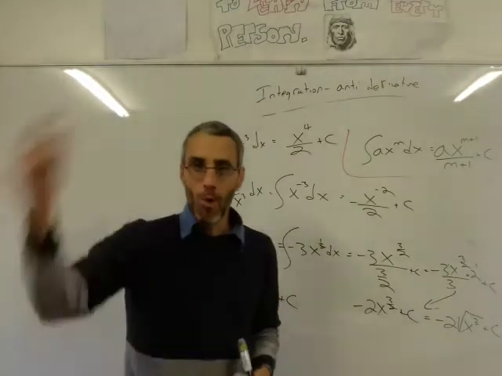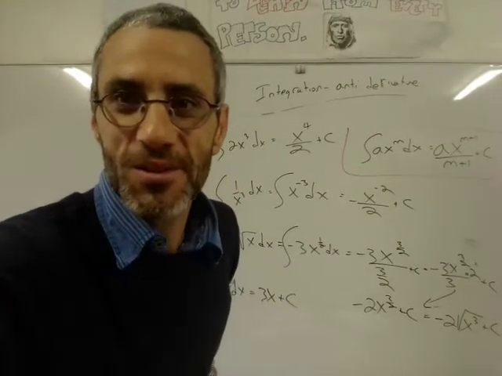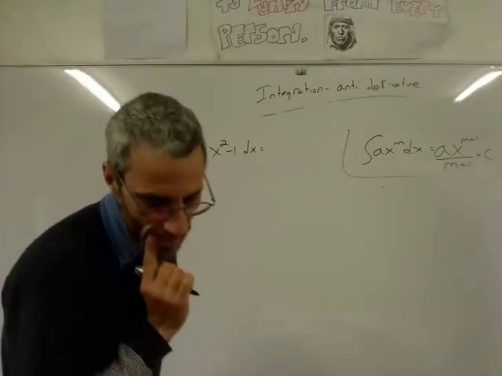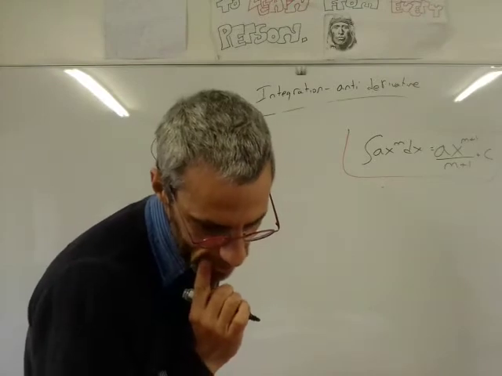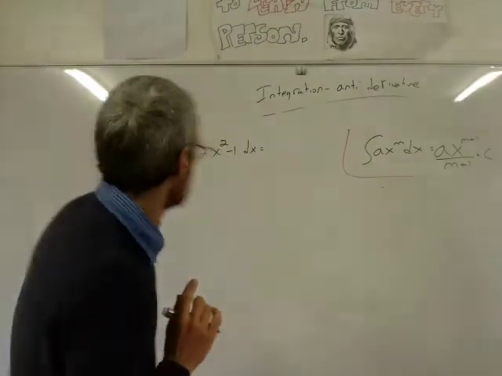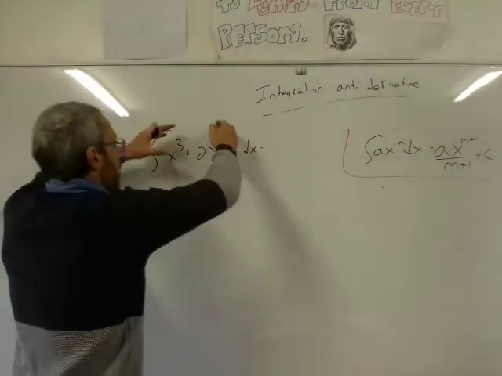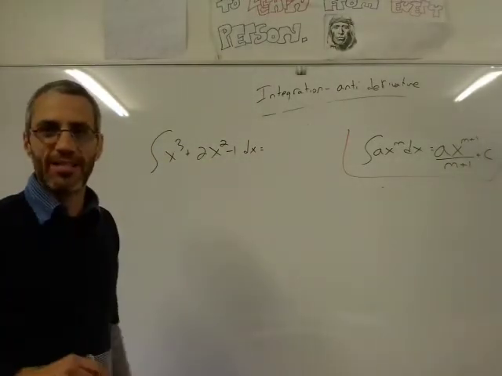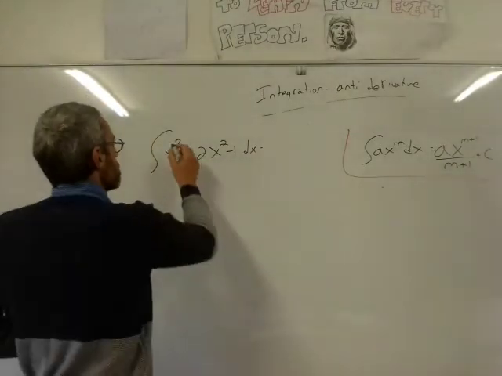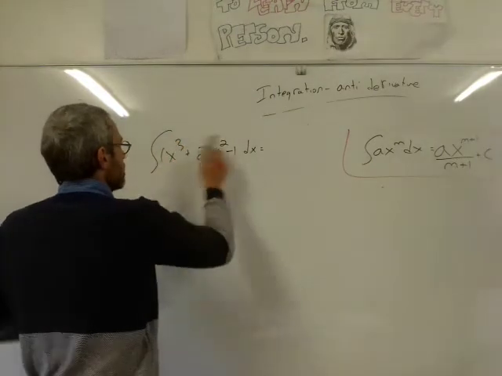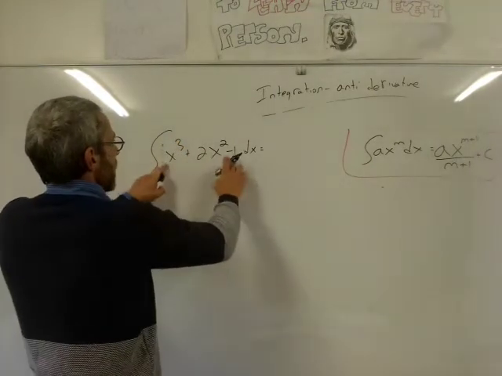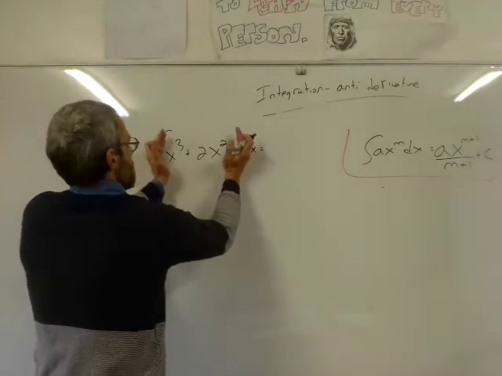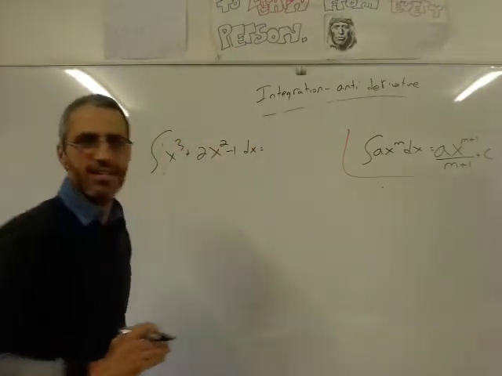Let's move on to some more complicated examples. Okay, so the next example, and I'll probably just do one of them, is when I have a bunch of polynomials added together. How would I do this? I don't need to write brackets, but because dx is over here, I know that all that is under the integral sign.